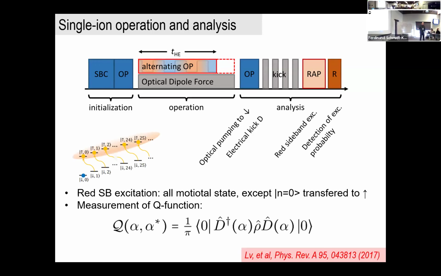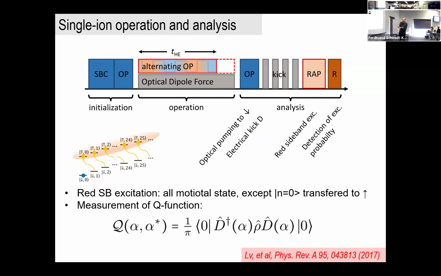And why do we bring it back into the ground state? Because that has a very beautiful optical signature. As I told you last time, the red sideband on the ground state does not happen, because there is no n equals -1. So if we are in the ground state, we can do a red sideband excitation, and we don't excite the ion spin.